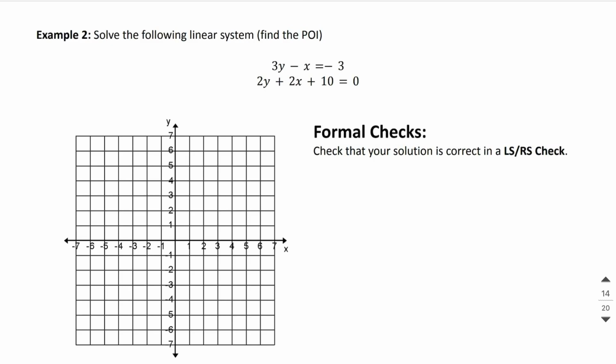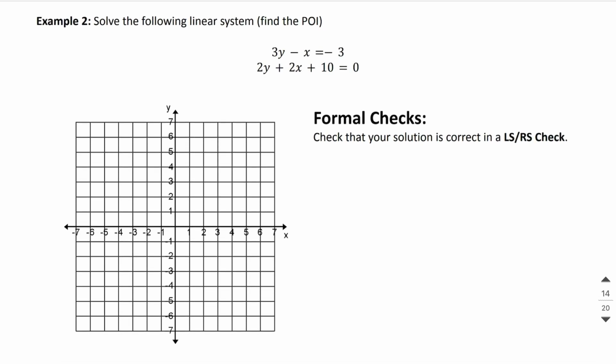All right, example 2 says to solve the following linear system, and then in brackets, it says to find the POI. So just so that you know, the POI stands for the point of intersection. And in order for me to be able to graph out any lines, I have to isolate y in both equations.